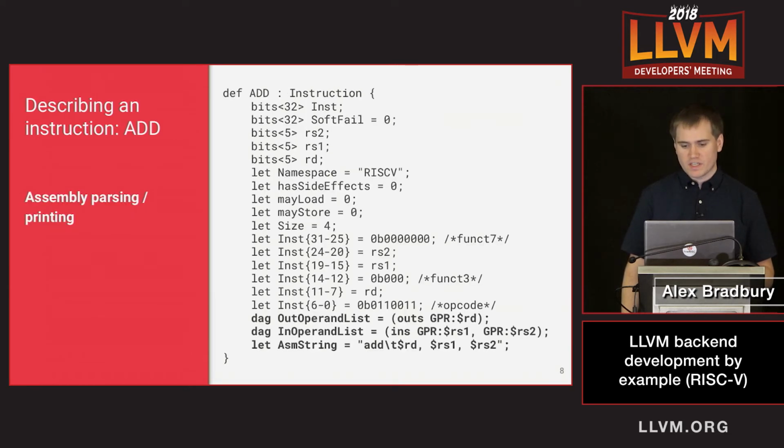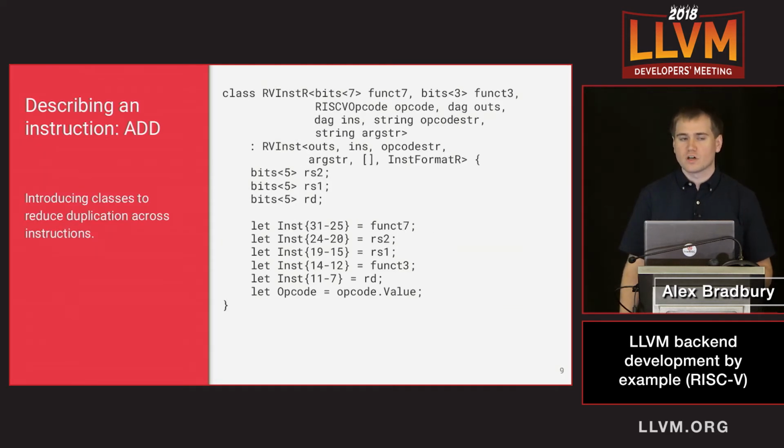Now, doing this for every instruction is going to be incredibly verbose and tedious, so we can make use of the features in TableGen to try to reduce duplication. We can introduce a superclass which describes this sort of instruction in the RISC-V ISA.